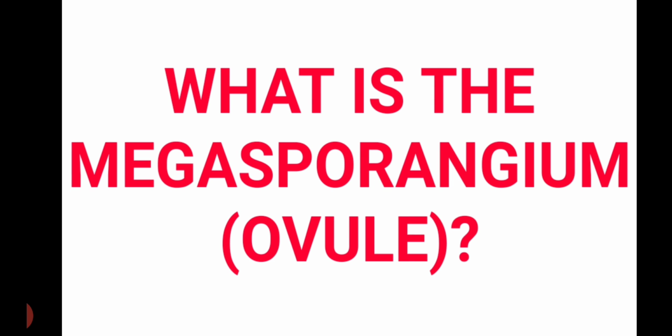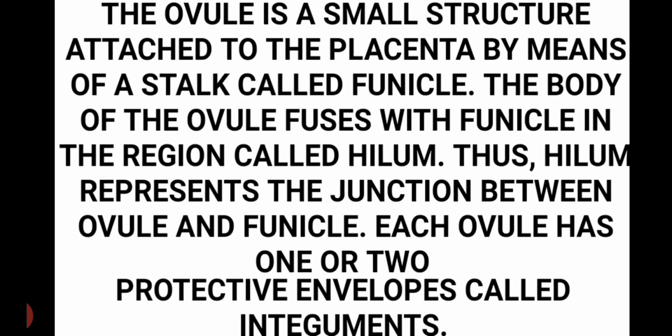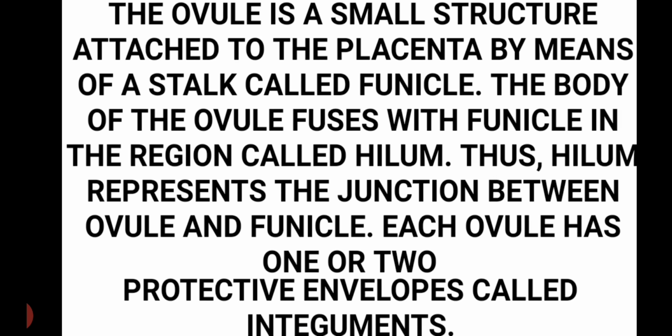Now what is megasporangium or ovule? The ovule is a small structure attached to the placenta by means of a stalk called the funicle. So in the ovarian cavity, the placenta is there, and the placenta is connecting the ovule, and this ovule is connected with the placenta by a portion that we call the funicle.